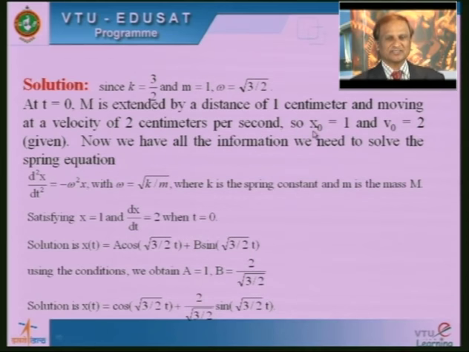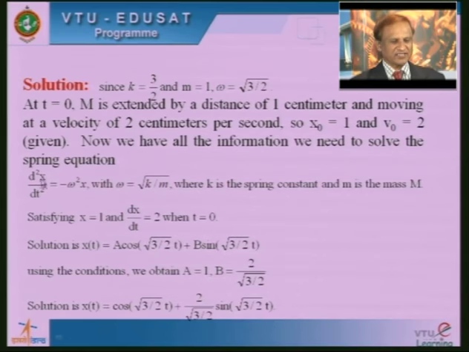So it can be written as x naught equal to 1 and v naught equal to 2. All this information is given in the hypothesis of the problem, so now we have all the information we need to solve the spring equation, or differential equation. It is just like an initial value problem.